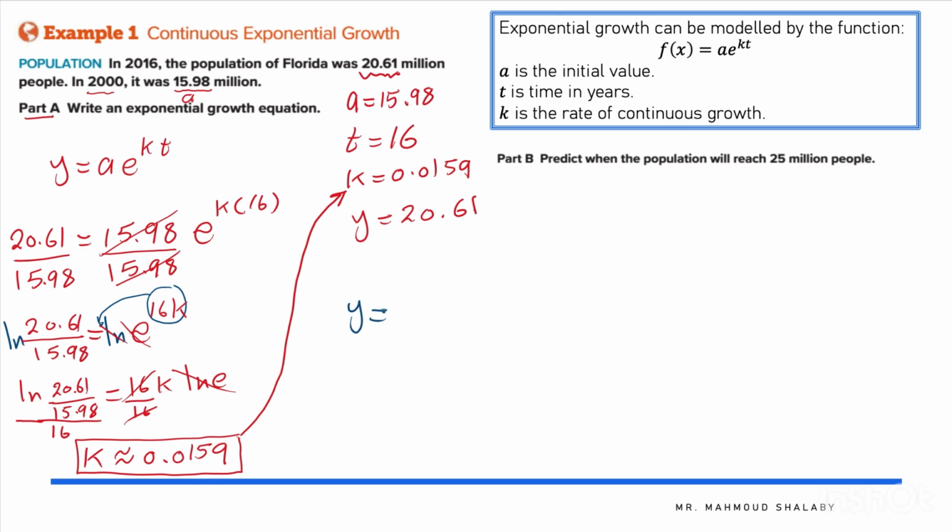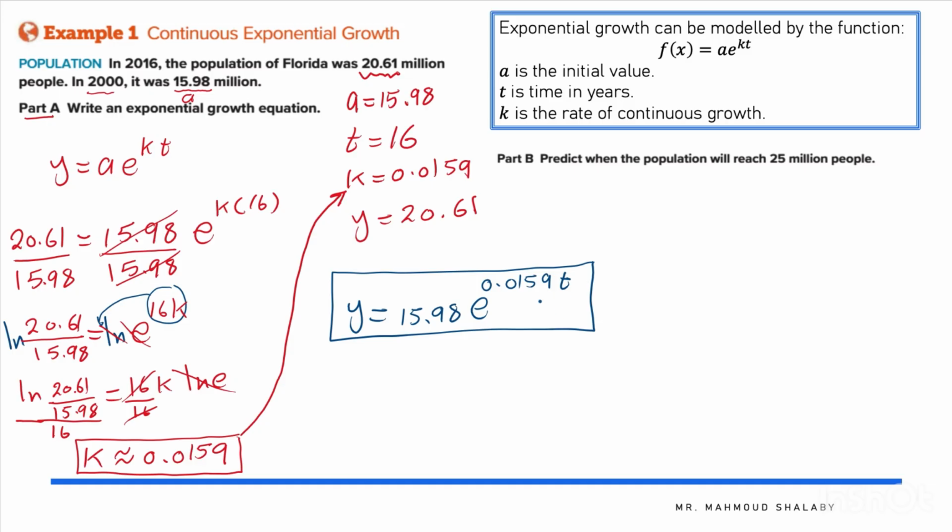So y equals, now I have a, which is 15.98 e to the power of, and instead of using the time t, I will use the k as a rate of the continuous growth, which is 0.0159 multiplied by t. Now this equation could be used to find the population at any time t.